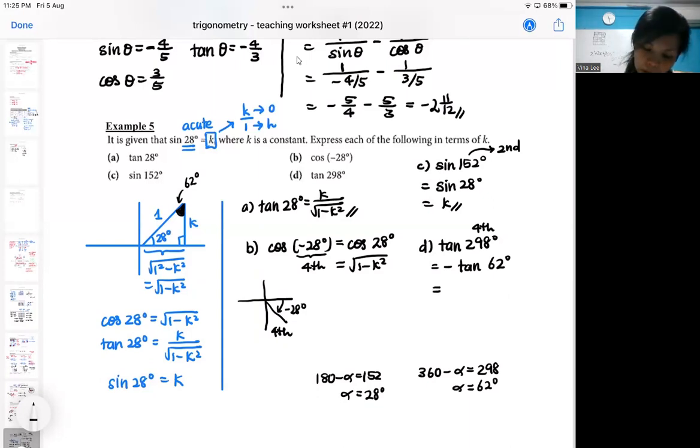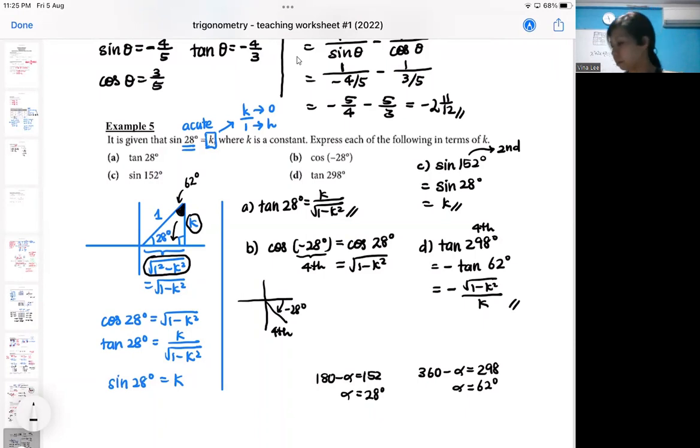So you do an opposite over adjacent. So you locate the angle 62, and you do an O over A because tangent is O over A. So that is how we approach this.